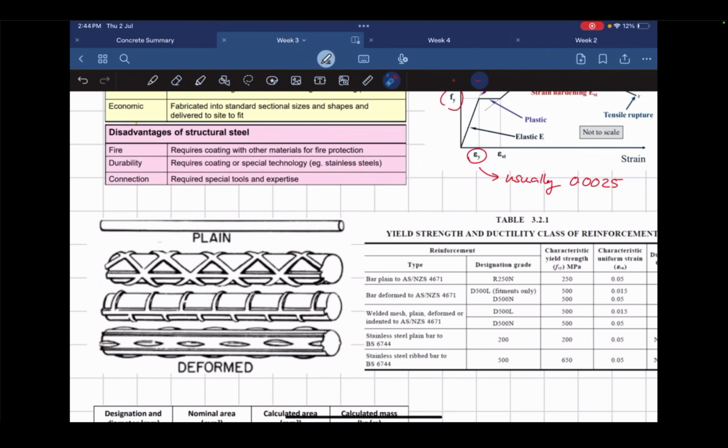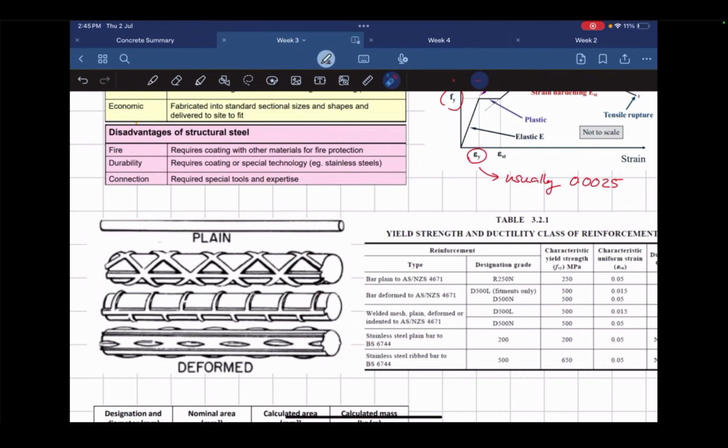But the reason why we have those ribs is, imagine we have concrete, and this is my bar. As you pull it out, what happens is, imagine this is your plain bar.